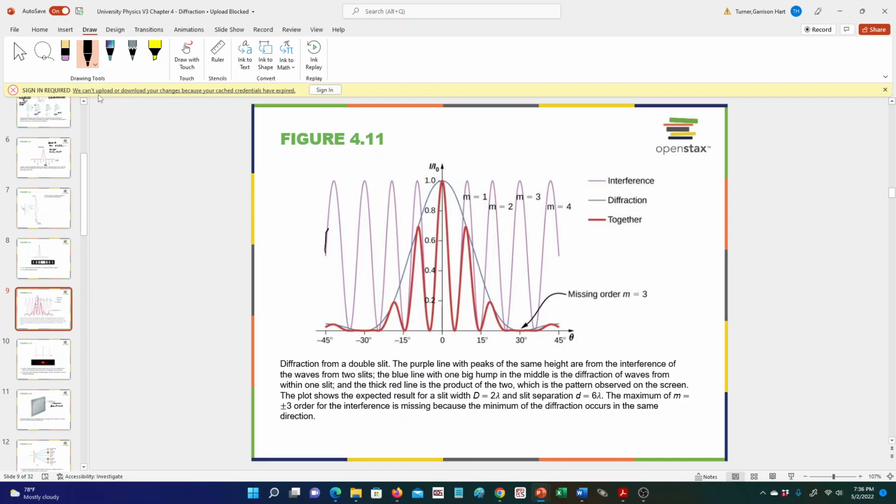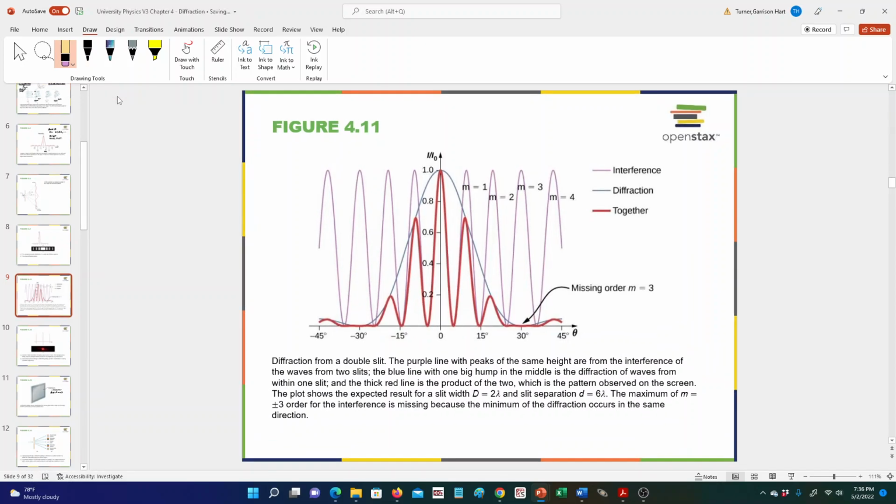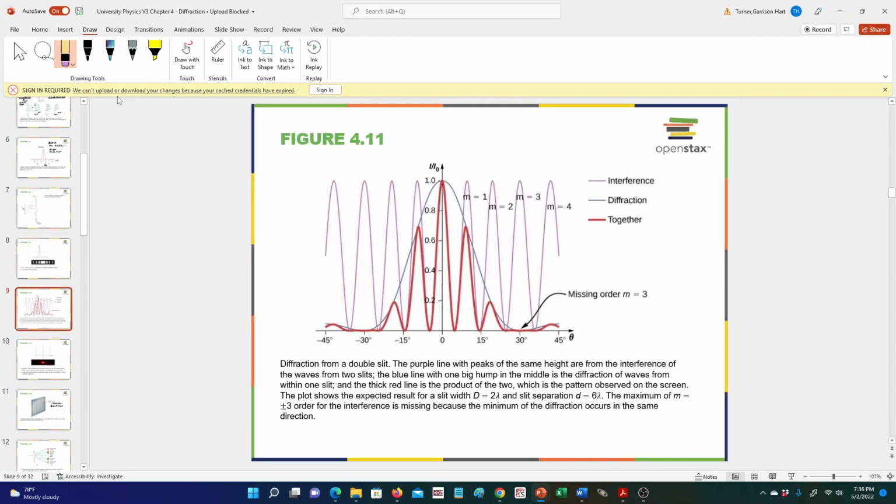So you would not see a decrease in intensity on either side if you had pure interference without diffraction. The blue line right here is what you get with just diffraction. So that is your pure diffraction pattern.